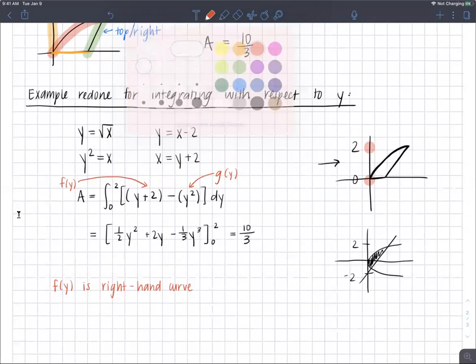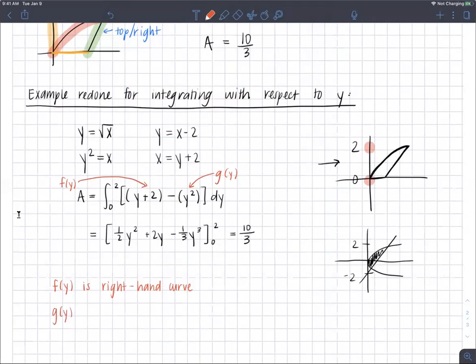Thank you. Is that supposed to be minus 1/3 y cubed? Oh yeah, did you type that out before I changed it, Matthew? Yeah, okay.